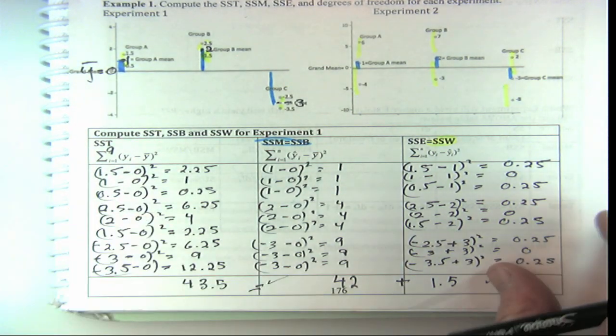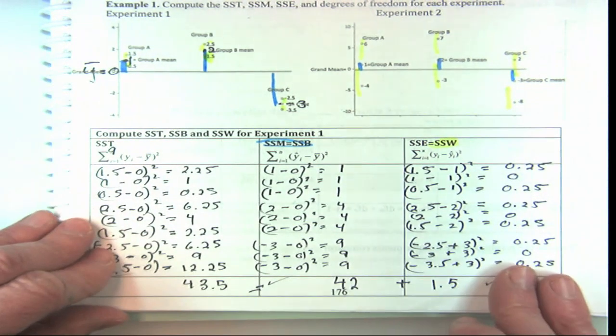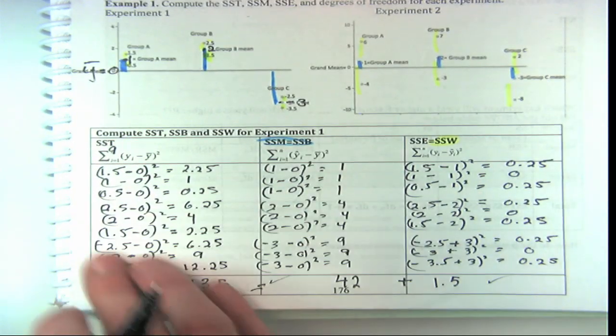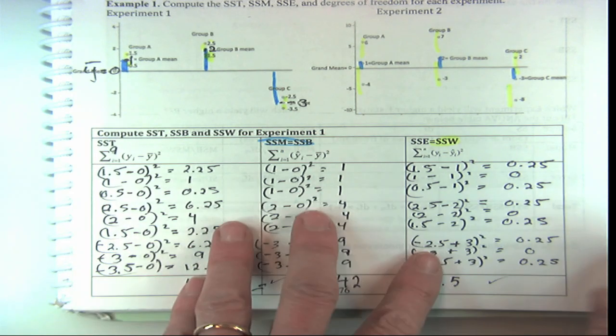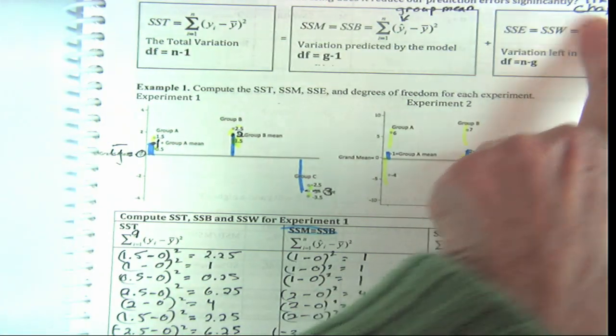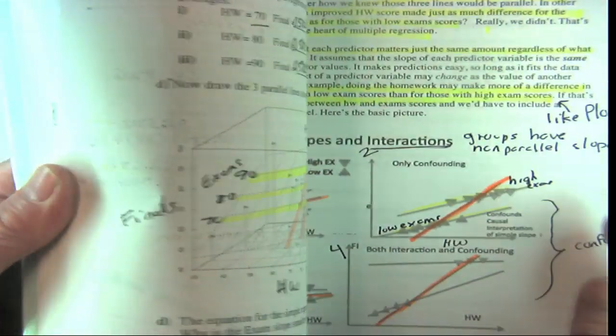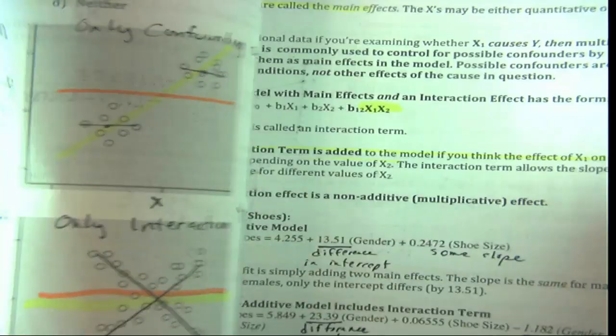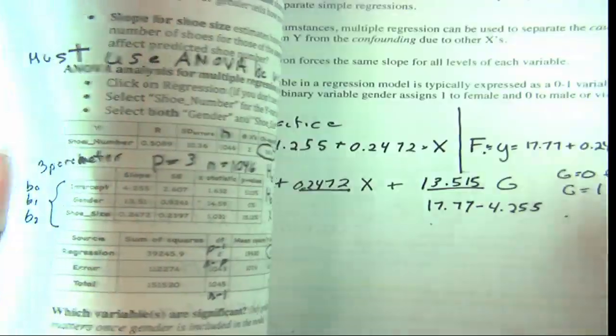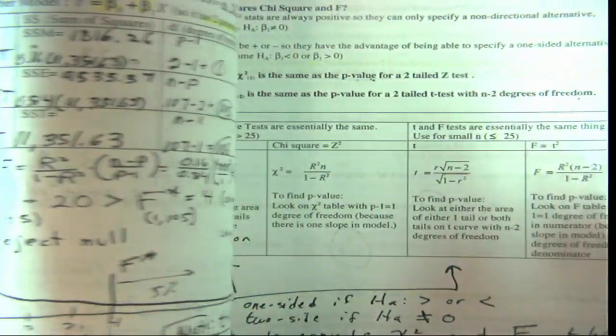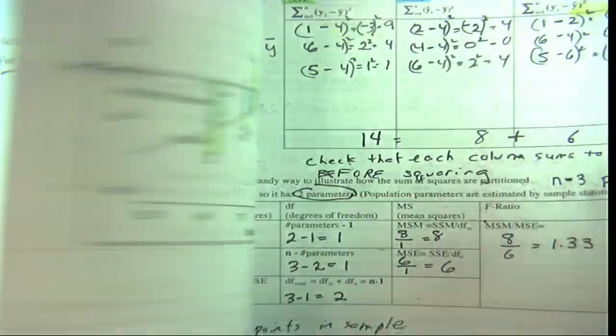Now, we did this, and it's extremely similar to what I asked you to look at in chapter 27, just to refresh your memory. You'll see we did this when we first started thinking about analysis of variance.